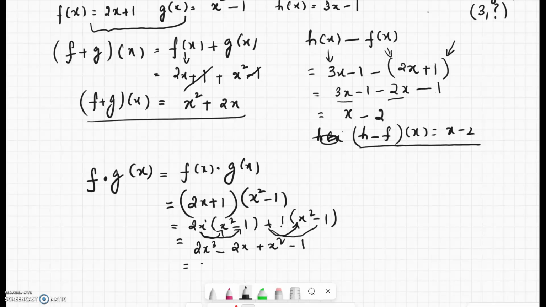So what I get is 2x cubed plus x squared minus 2x minus 1. So you can multiply functions.